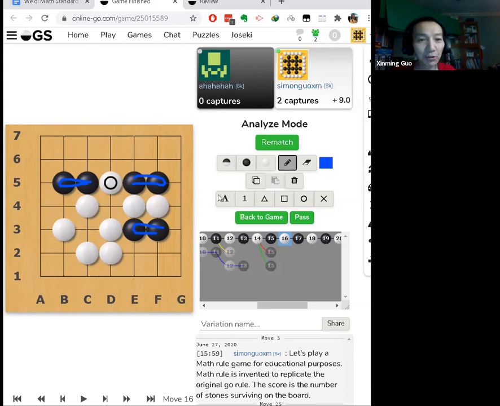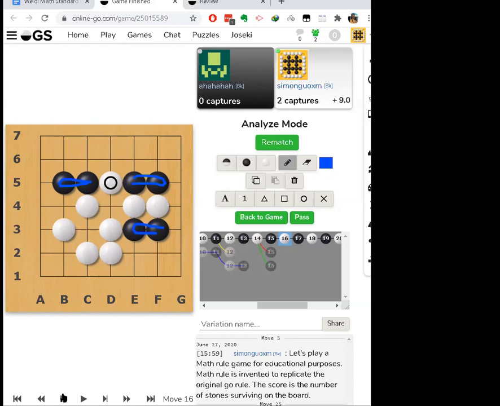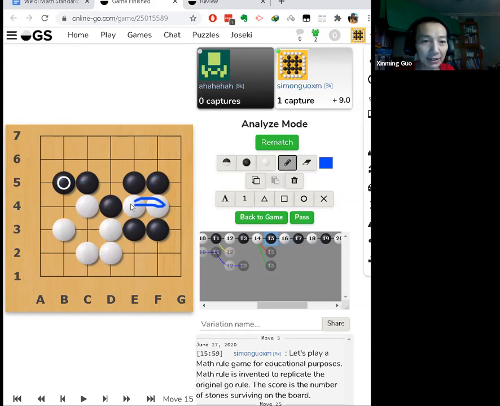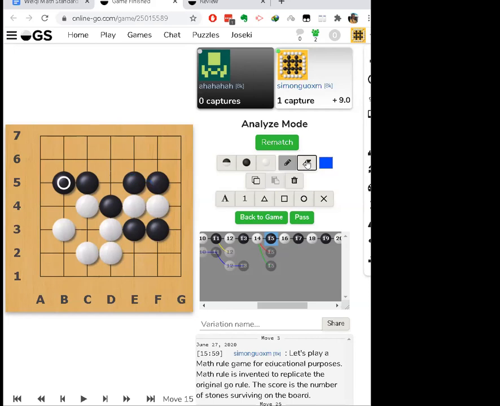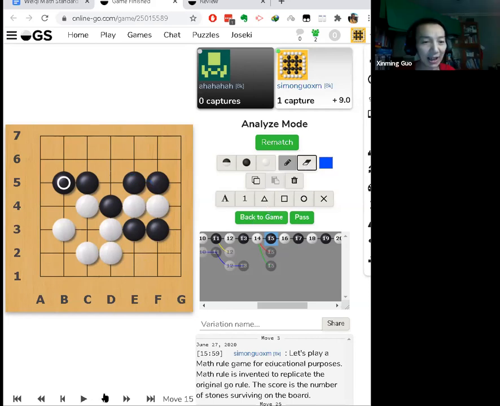In this situation, before this step, these two white stones cannot escape, and all of this is black's territory. But after this step, white is saved.